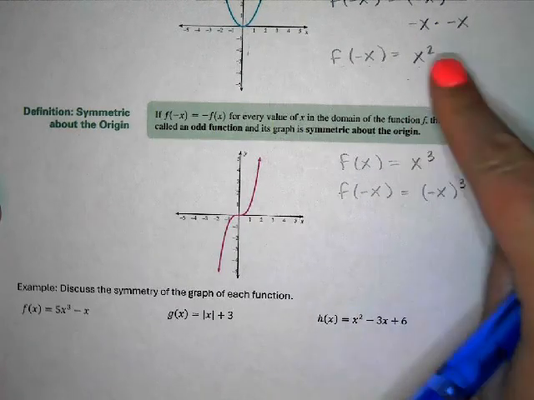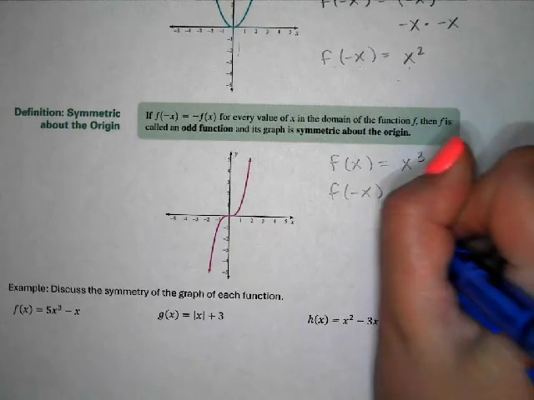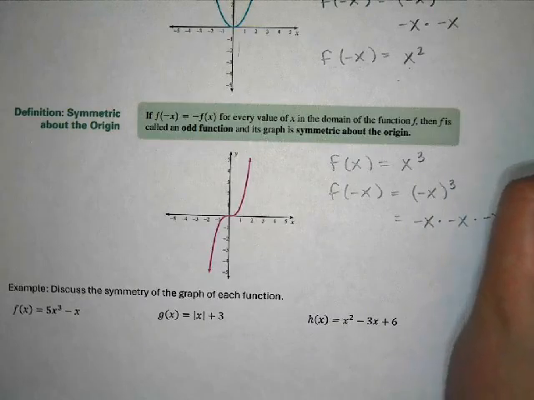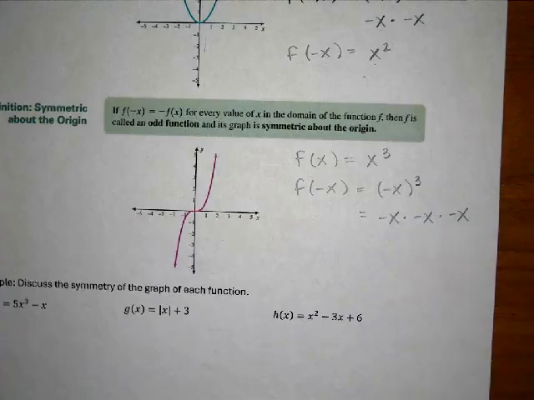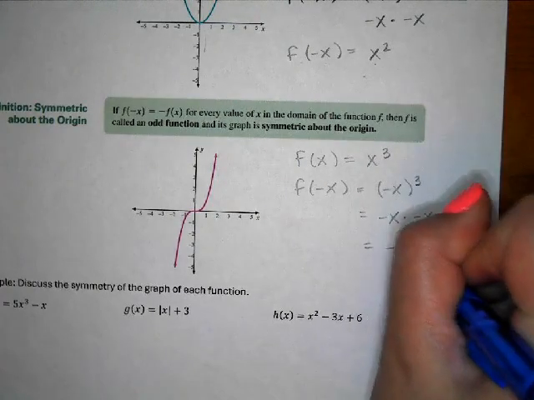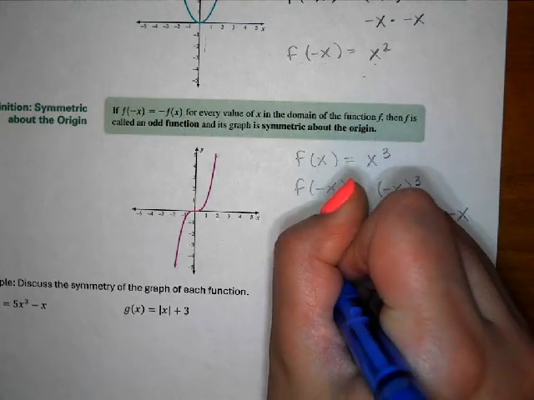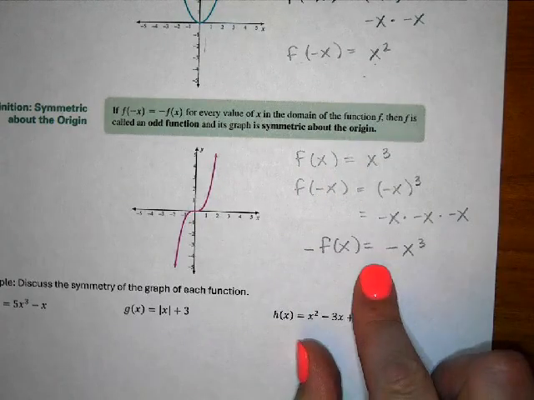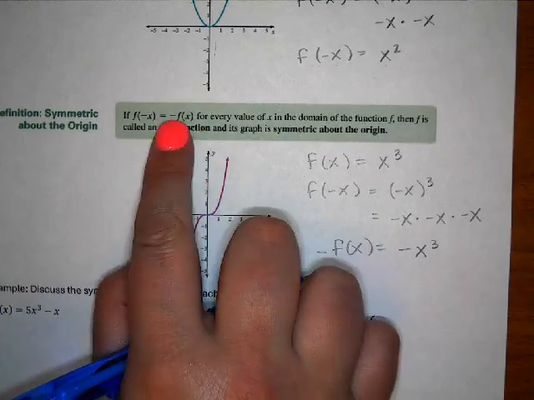Negative x times negative x times negative x. If you multiply a negative x 3 times, you get a negative answer, negative x to the third. So you end up getting the negative version of the function. And that's the definition of an odd function: if you plug in negative x, you get the negative version of the original function. All right, so that's how you can solve for it algebraically.